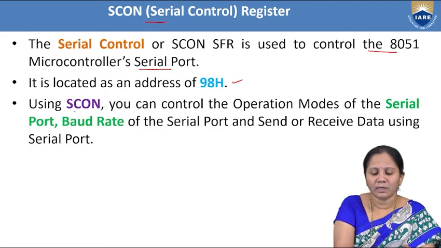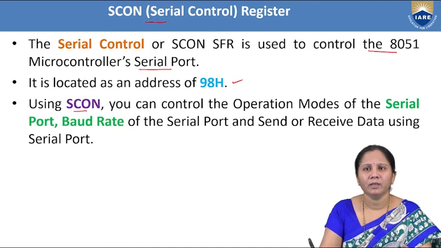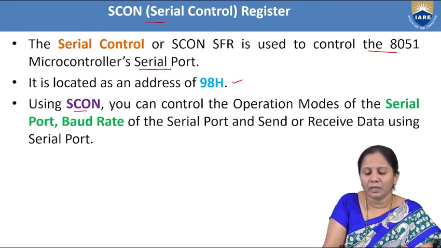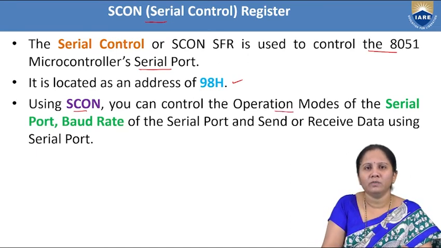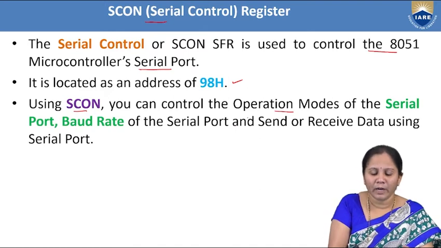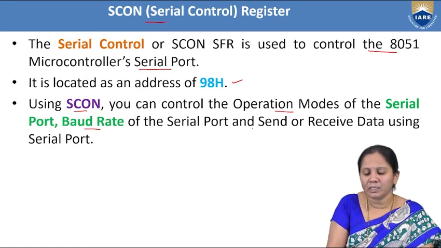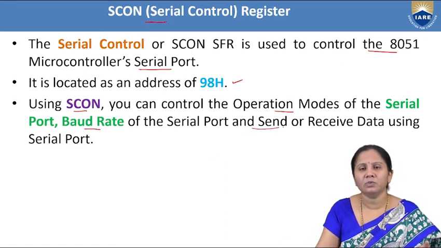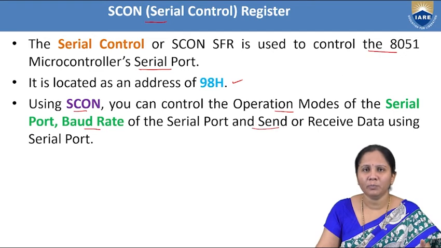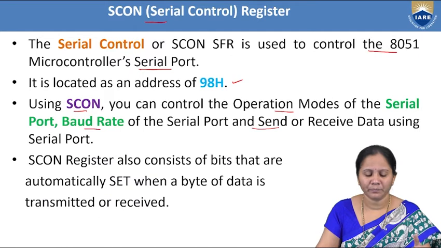Using it, we can control the operating modes of the serial port, set the baud rate, and send or receive data using the serial port. That is the main purpose of the SCON register.